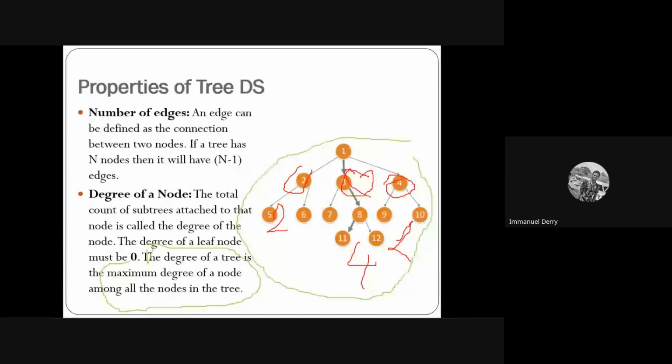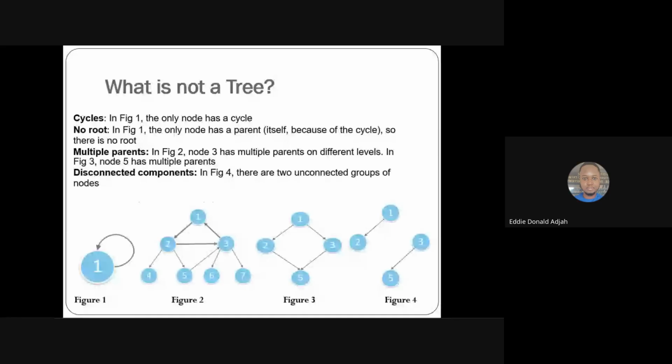Please, are we clear? Yes, sir. Oh, okay. So the degree of a tree is different from the degree of a node. Is that it? We don't count the node, the parent node.